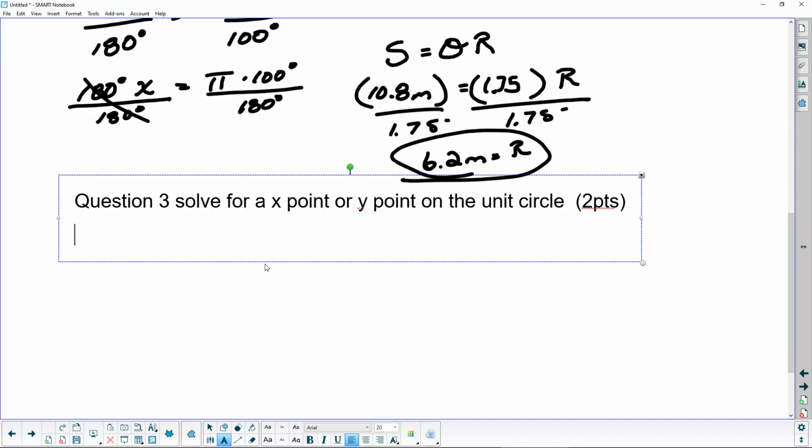Okay, so for example, let's say that negative 3/8 comma y is on the unit circle.